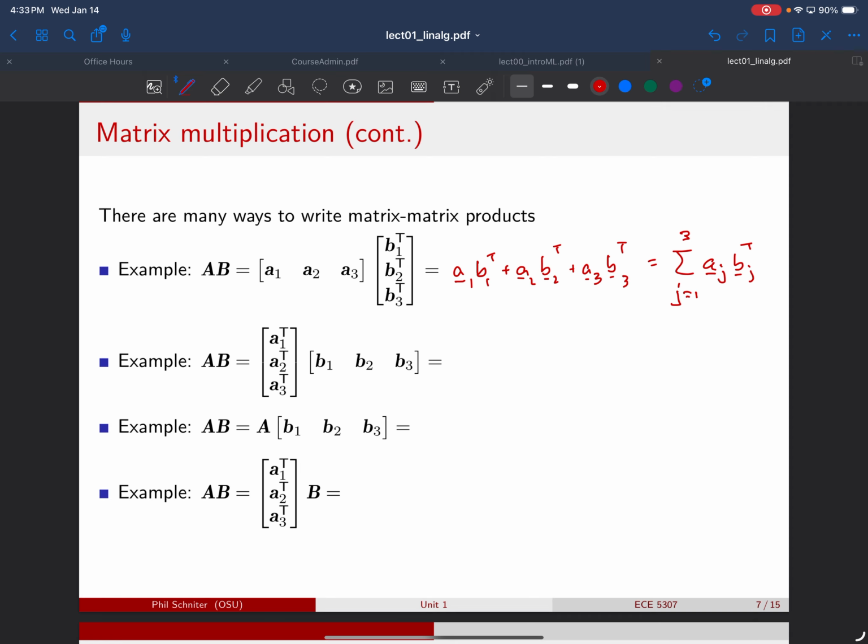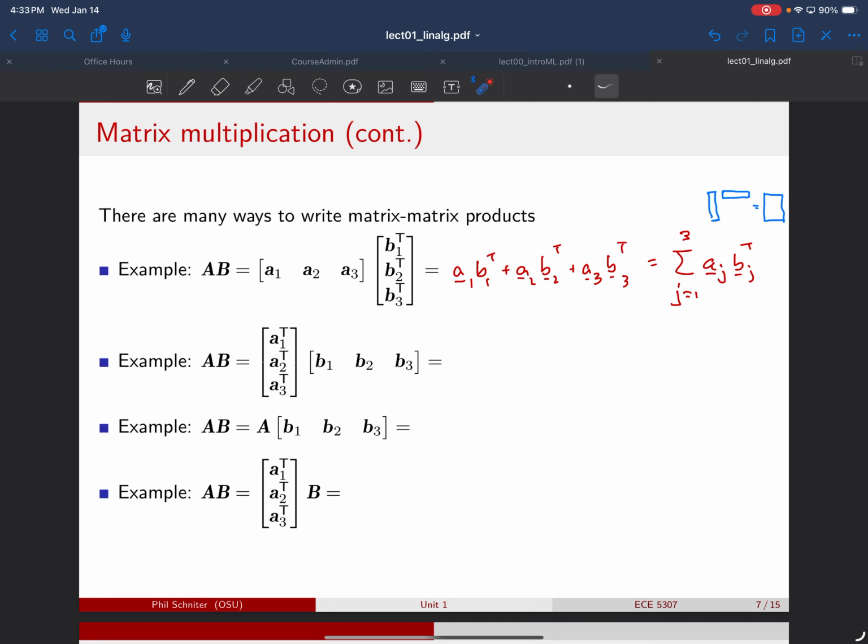Matrix, that's right, because here it helps maybe to draw a little picture. So AJ is a column vector. BJ transpose is a row vector. So when I multiply column times row, that's an outer product. I get an entire matrix. So what I have here is just a sum of 3 matrices, which again is going to be a matrix. Okay, is that making sense?